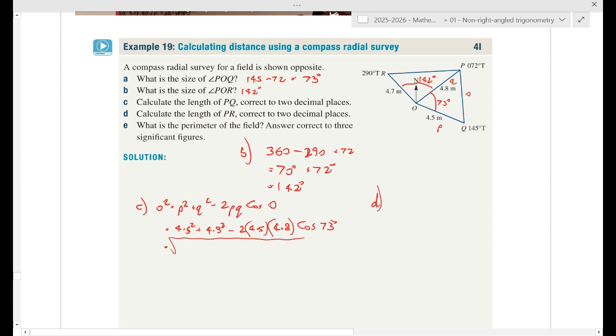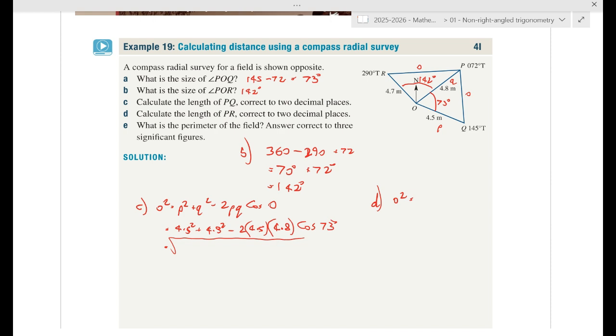Question D, we're doing something very similar, but now we're trying to find the length of PR, and so that's going to be a little over there. So we're going to do exactly the same thing, except this is going to be P squared and Q squared, but the P and the Q are going to be different.